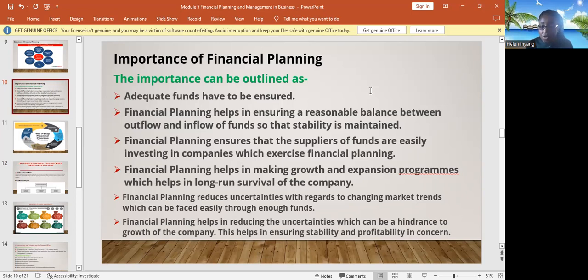Financial planning helps in making growth and expansion programs, which help in long-run survival of the company. Financial planning reduces uncertainties with regards to changing market trends, which can be faced easily through enough funds. Financial planning helps in reducing uncertainty as well.